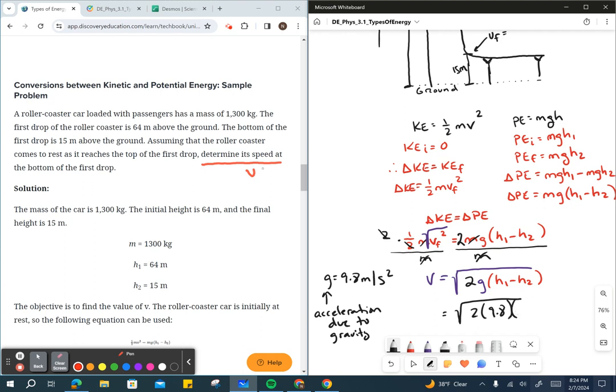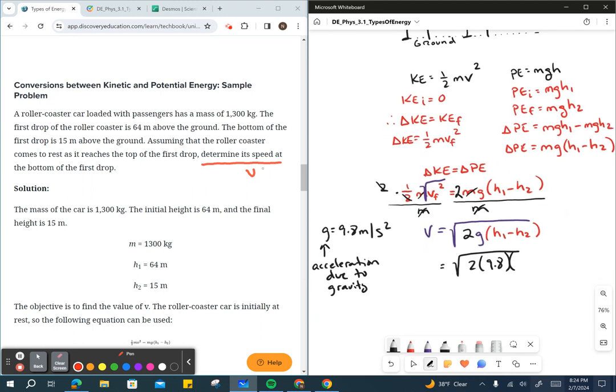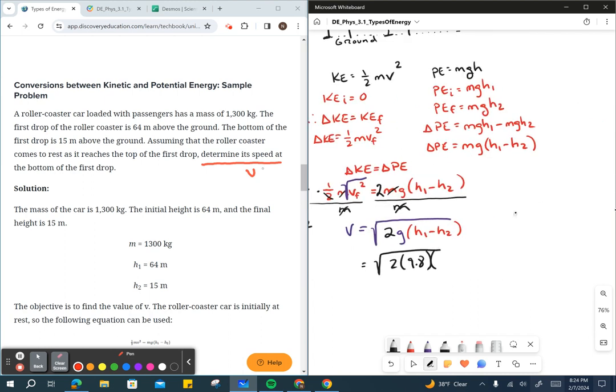And then what was h1 minus h2? h1 was 64, h2 was 15. So let's just put this off to the side here: 64 meters minus 15 meters equals 49 meters. So what we have now is the square root of 2 times 9.8 times 49.